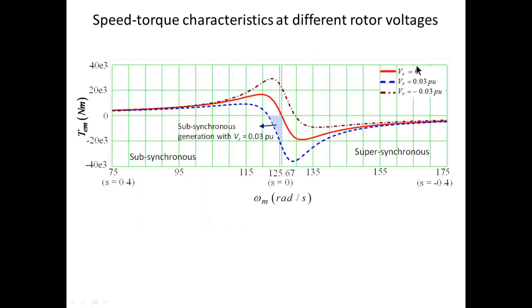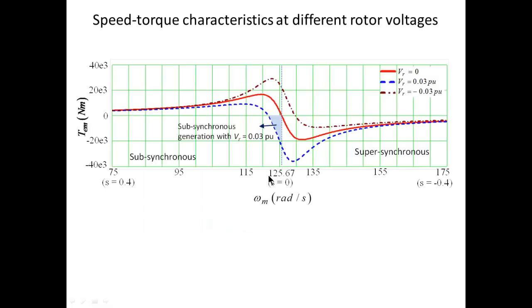As I said, that is the squirrel cage uncontrolled or shorted rotor winding case, and that gives you the plot in the middle, the red plot. That is the well-known speed torque characteristics of an induction machine. So for positive slip, that is from S equals 0 at this point.